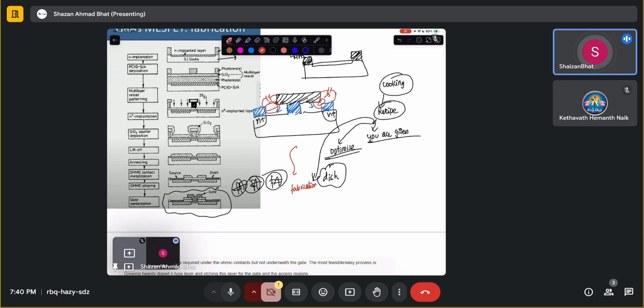It's a very tedious task, to be honest, because you have to go layer by layer, and you have to be sure that every time you are depositing something, it's not going to disturb any other thing. Just like if you are removing this particular thing by maybe sputtering or lift off using certain chemicals, you have to ensure that it's not removing these other things also.